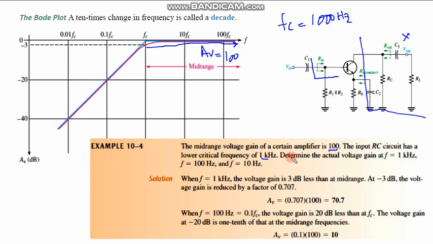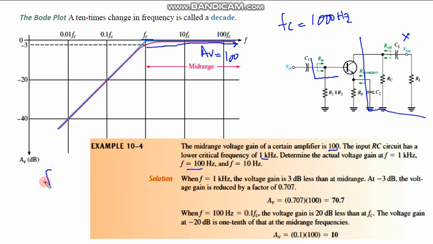Then determine the actual voltage gain at the critical frequency, then when the frequency is reduced, and then when the frequency is reduced further. So this one is FC. Let's calculate what 100 hertz is.